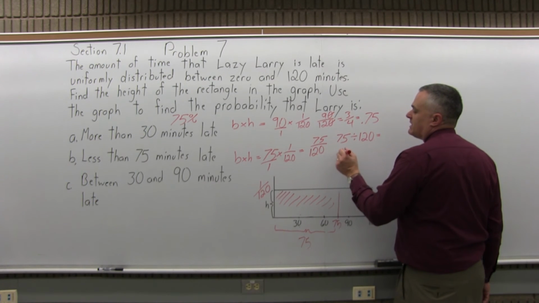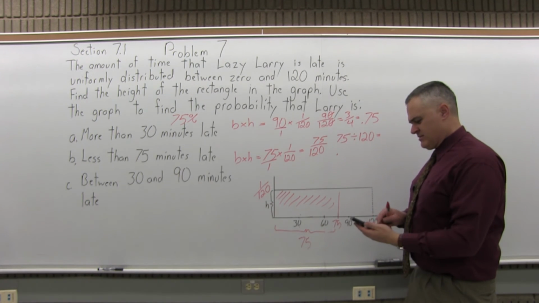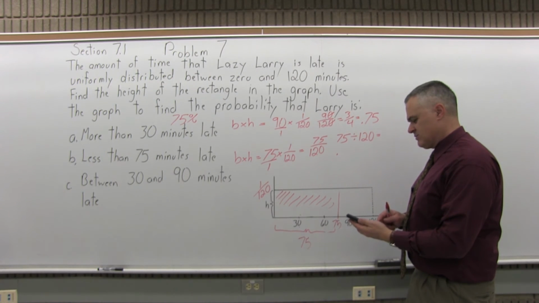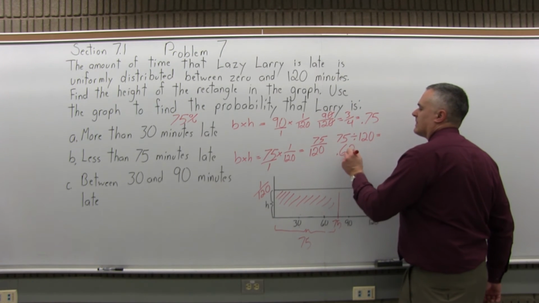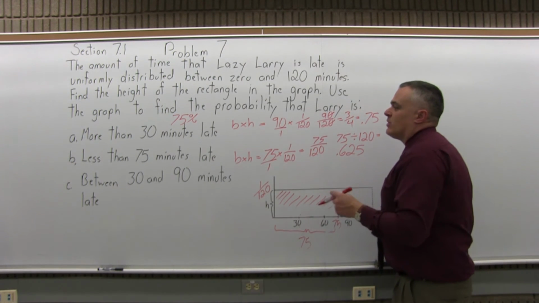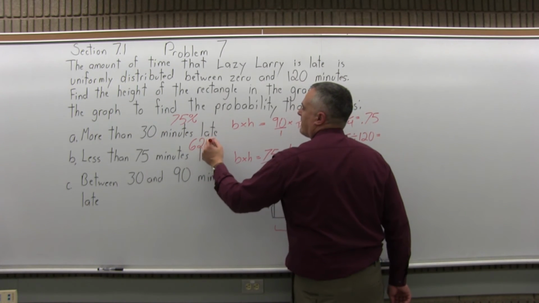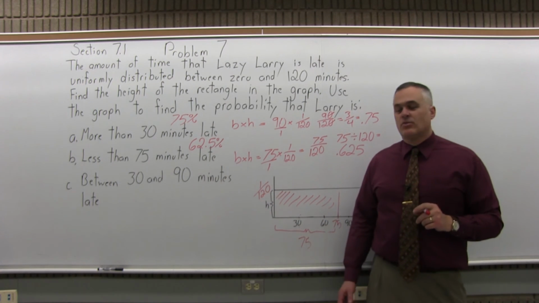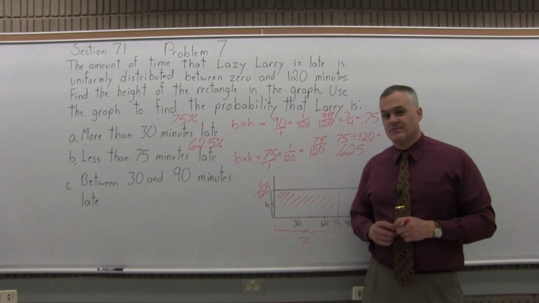And it should be, I think, 0.625. I better check that with my calculator, though. So let's see, 75 divided by 120 is 0.625, yeah. So if you want to write that as a percent, 0.625 is 62.5% probability. So there's 62.5% probability that Larry will be less than 75 minutes late.